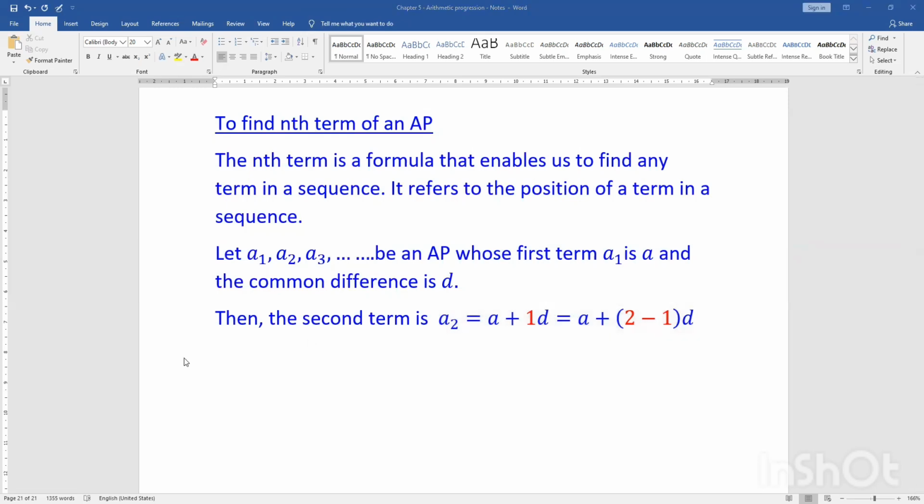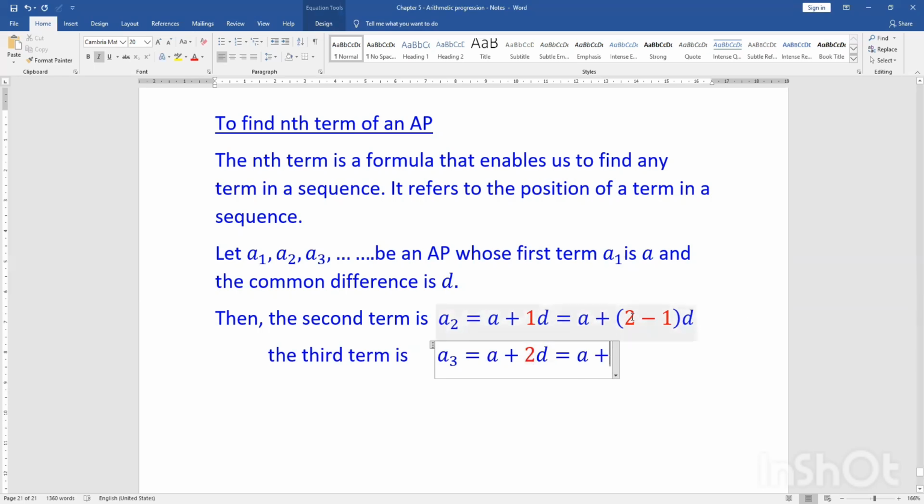Next, similarly, the third term. So now let us write out the third term. The third term is A3, right? So A3 will be nothing but a plus 2d. Now 2 can be written as 3 minus 1, so a plus (3 minus 1) into d.